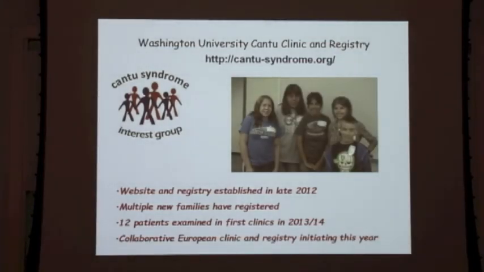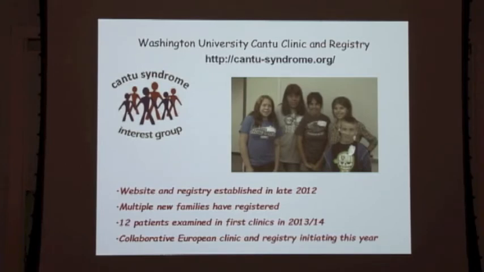This is a photograph from the first clinic that we held here in St. Louis, and this is the mother and 2 daughters that were described in that 2006 paper from Gautam Singh and Kathy Grange. And these are 2 other children.